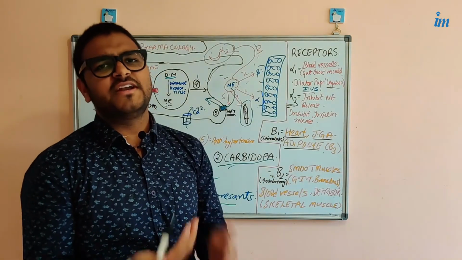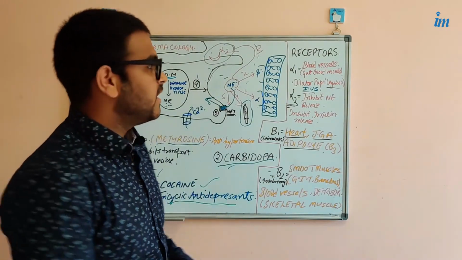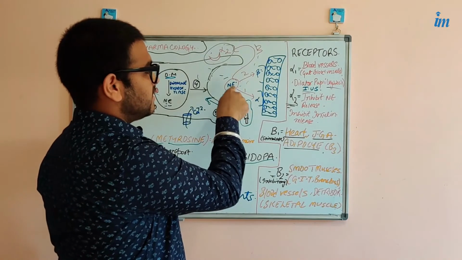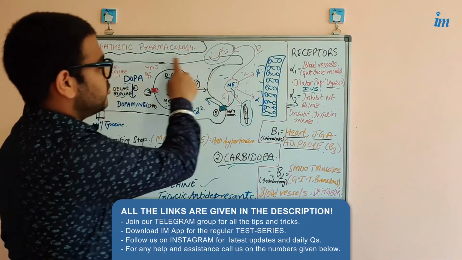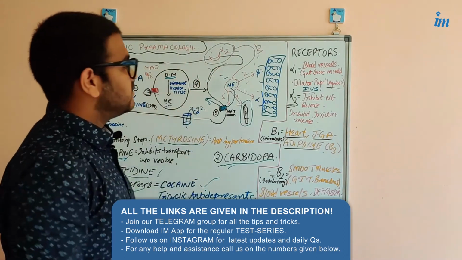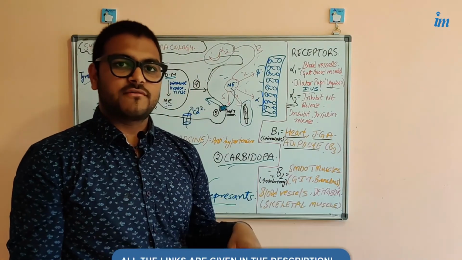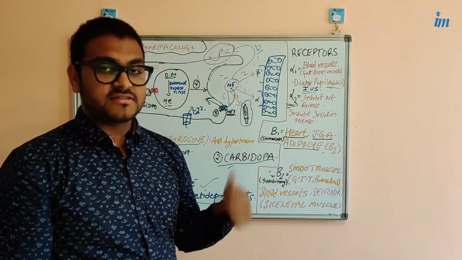It is just like a feedback mechanism. If there is more norepinephrine in the synaptic cleft, some of it will bind to the alpha 2 receptors on the presynaptic neuron, and this will cause less release of norepinephrine into the synaptic cleft.